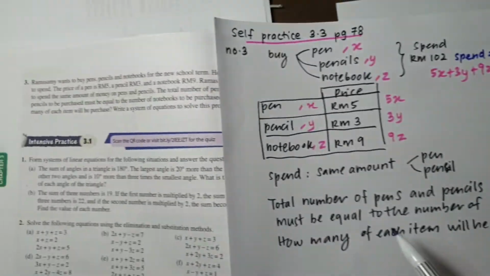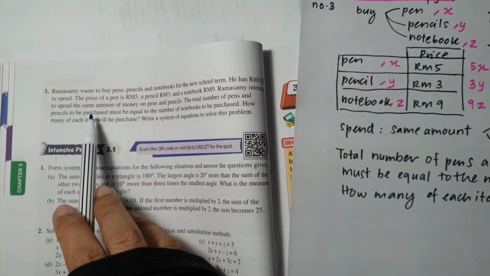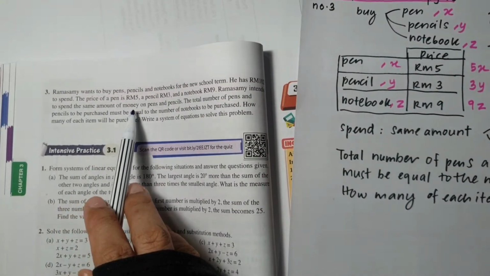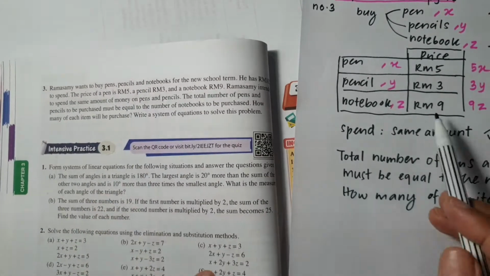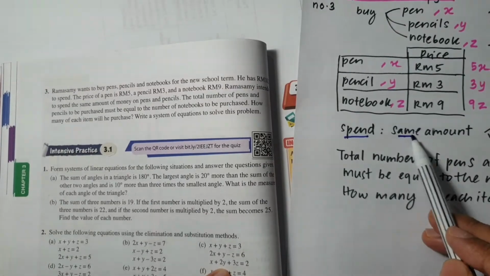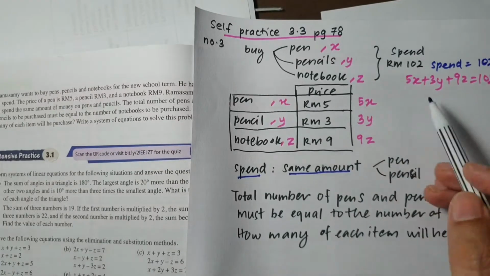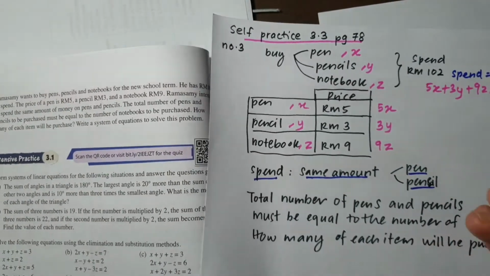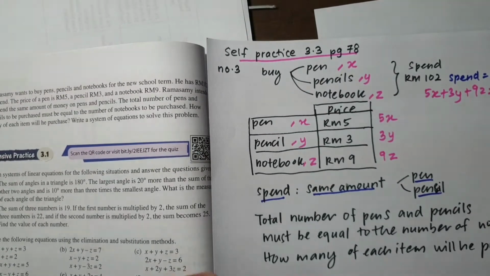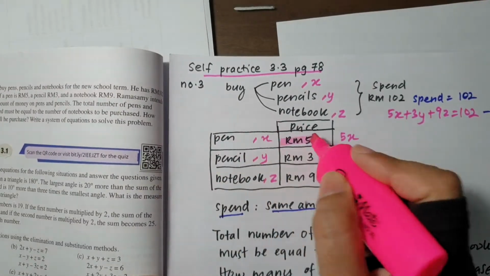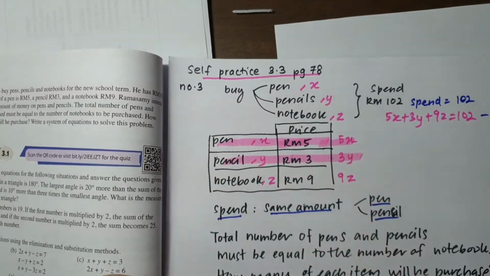Next, Ramasamy intends to spend the same amount of money on pens and pencil. Spend same amount of money. So ini tadi amount of money for pen and pencil. Pen and pencil, right?